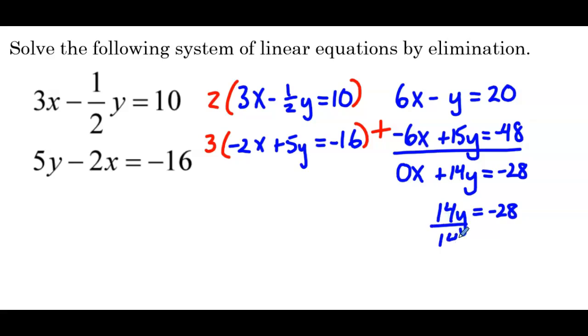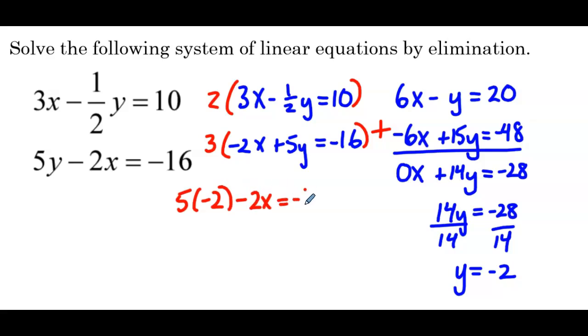Divide both sides by 14. Y equals -2. Now we're going to substitute that value into one of our two equations. So let's substitute it into the second equation. So 5 times -2 minus 2x equals -16. -10 minus 2x equals -16.